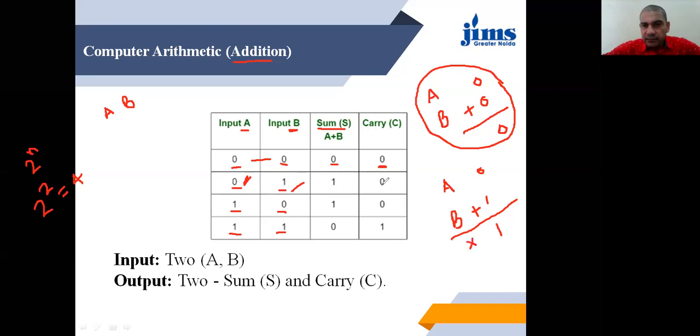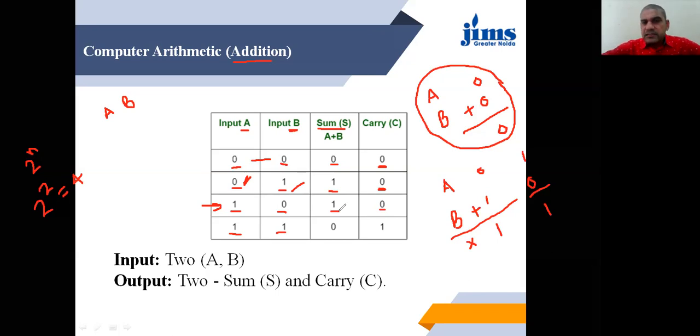When we perform 1 and 0, where the value of A is 1 and the value of B is 0, it is again 1 plus 0, that is 1, and there is no carry here.